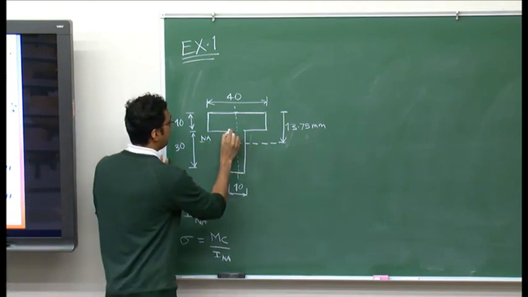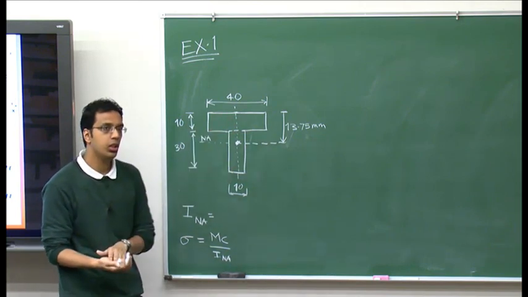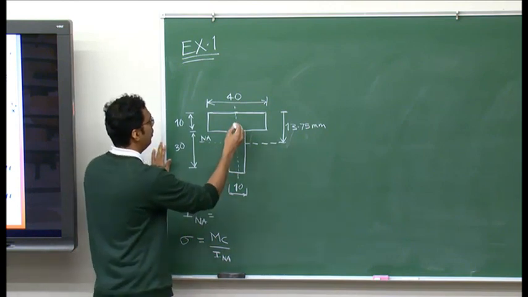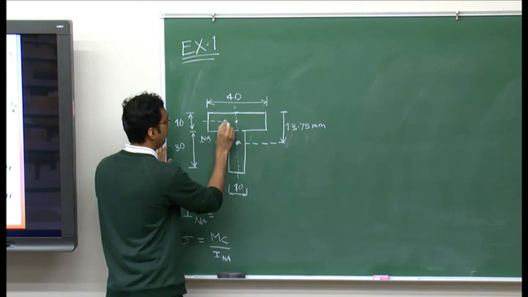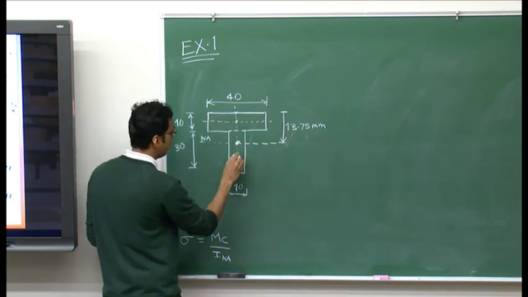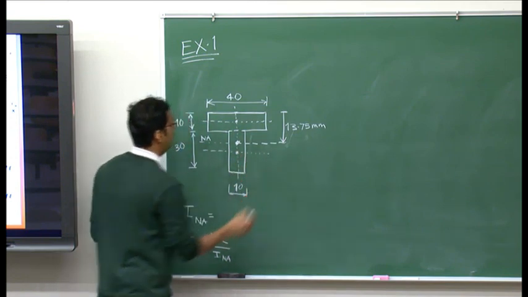So we identified 2 shapes here, upper rectangle and lower rectangle. Now, the larger rectangle has this centroidal axis, and the smaller rectangle has its own centroid located somewhere here.